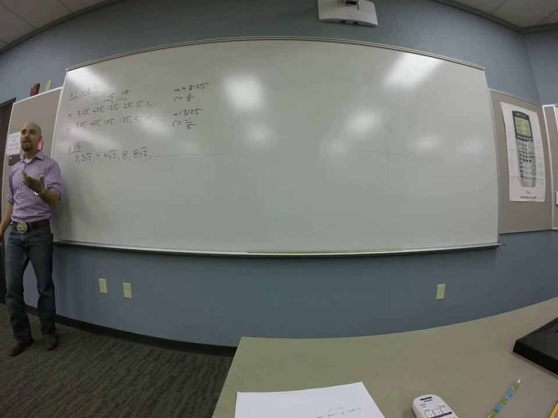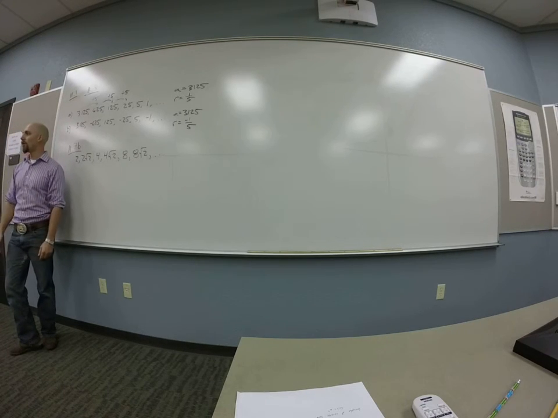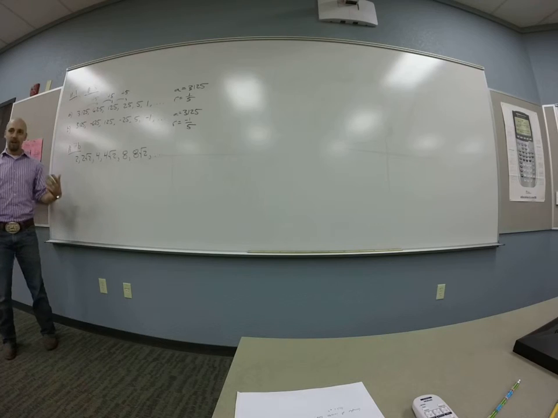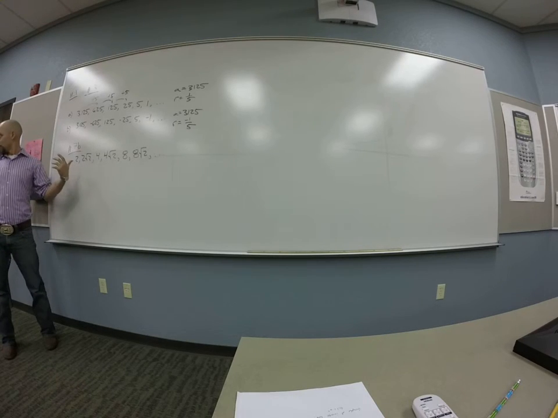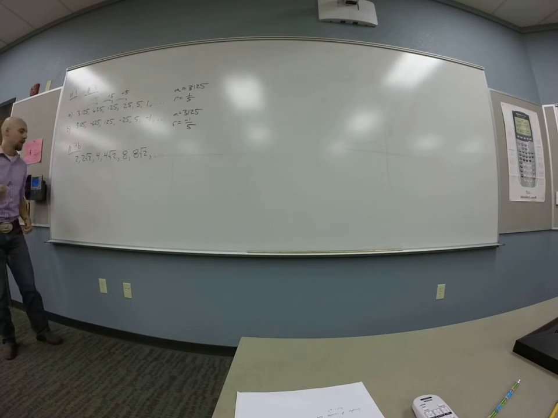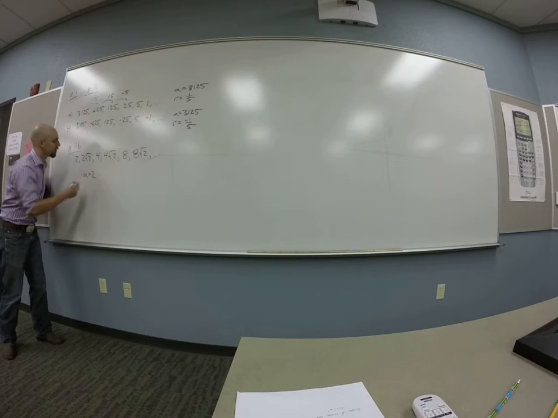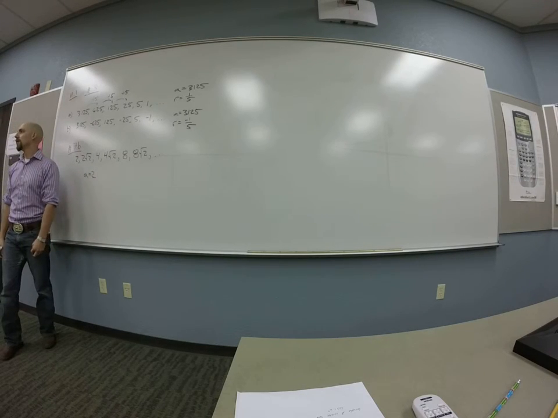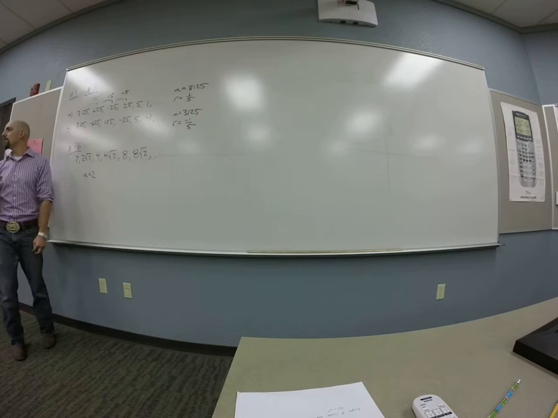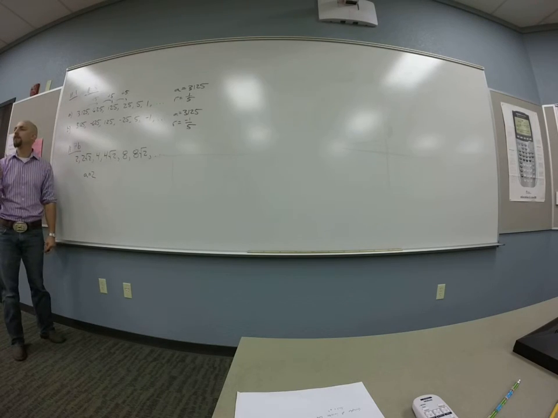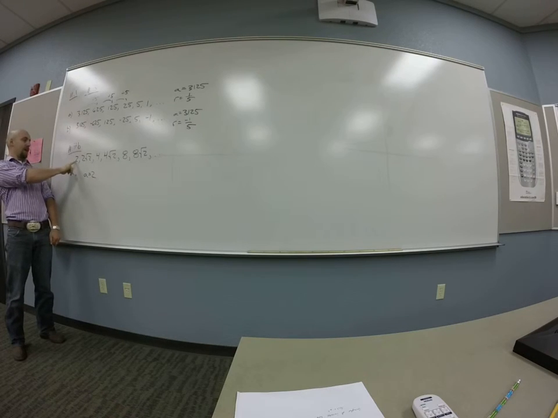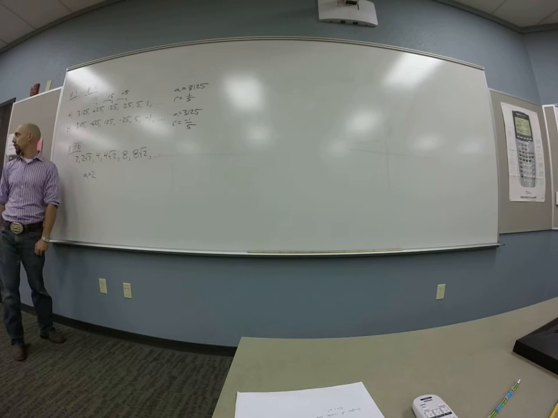All right, so I need to ask myself, what's the A and what's the R, right? So where did I start? At 2. And then I want to know, is this even a geometric sequence, right? So I should ask myself, are they multiplying by the same thing between every step? Yes. So what did they multiply by to get from 2 to 2 root 2? Square root of 2.